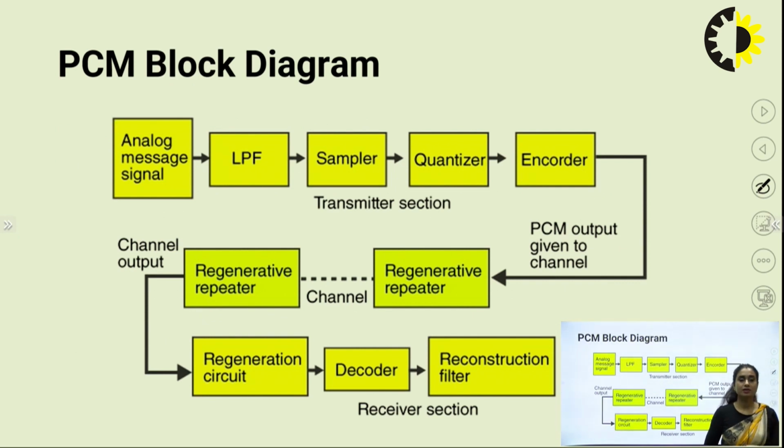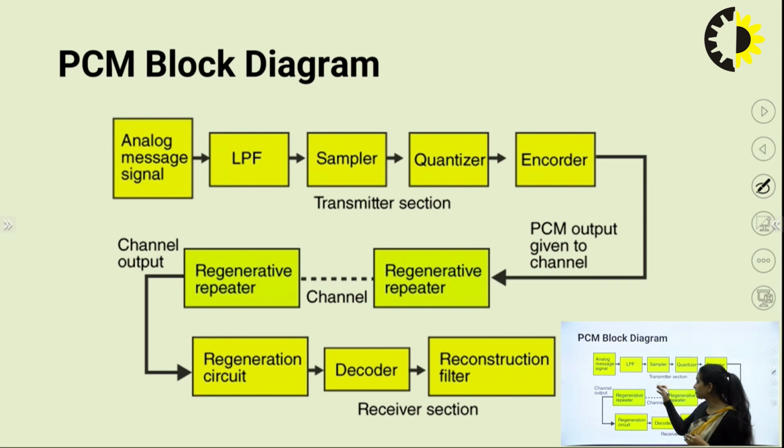So let's start with the PCM block diagram. This block diagram is of the complete transmitter, channel and the receiver. At the transmitter, what happens? When we have to convert an analog signal into digital form, there are three basic steps that we have to follow, which are sampling, then quantization and then encoding, right?